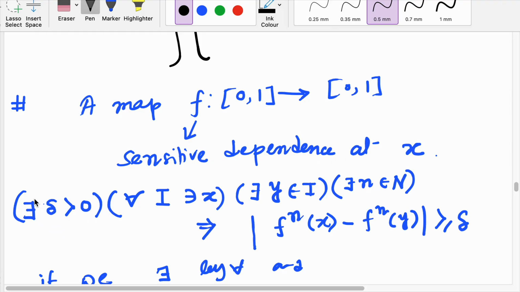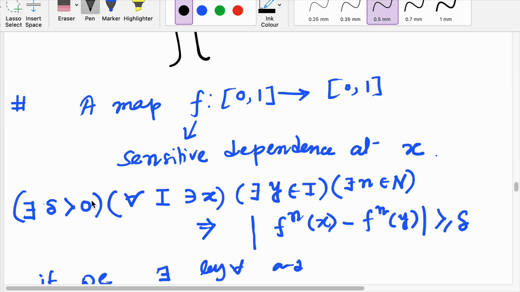There exists a delta constant, which is called the sensitivity constant, and for all x and for all intervals I which contain the point x, there exists a y also in this I, and there exists n, for which these 2 points from the same interval I, whose initial distance was very small, after n iterations have f^n(x) and f^n(y) at least delta apart from each other.